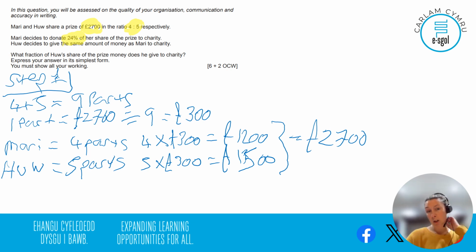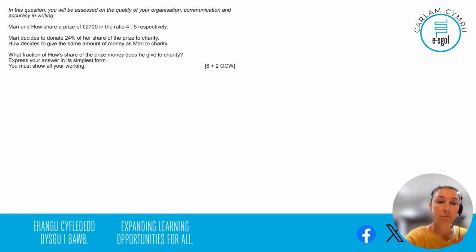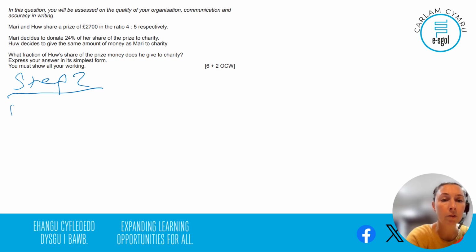Step 2 now will be to work out the 24% and how much each person has given to charity. Step 2 is the 24%. So first of all, we'll work out Mary's total of the 24%.